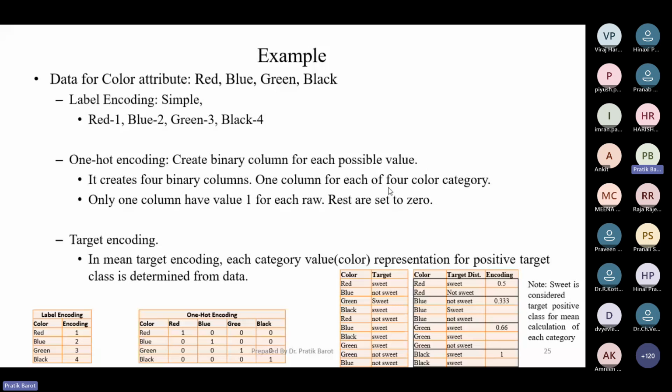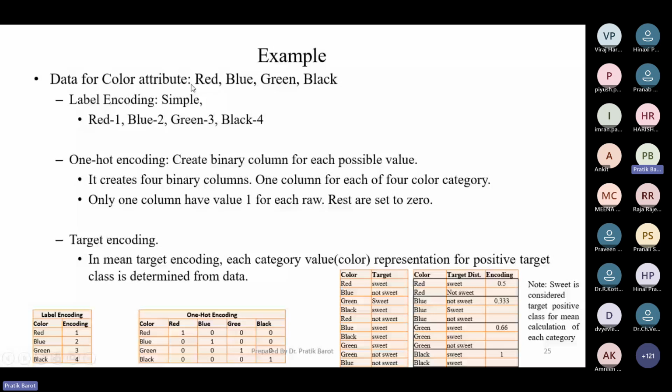In case of one-hot encoding, we need to create a binary column for each possible value. This is important. In this case, the possible values of the color attribute are red, blue, green, and black.